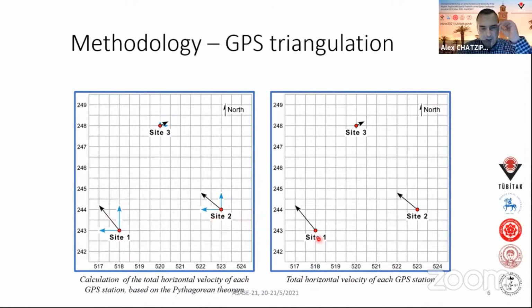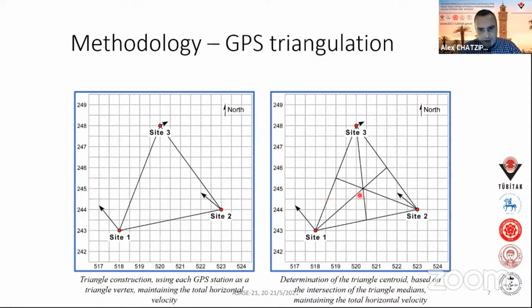So for each site, we have this kind of configuration with the horizontal velocities. The next step is to find the center of this triangle, and this is why it's called triangulation, which we consider represents the status of the entire area within this triangle.